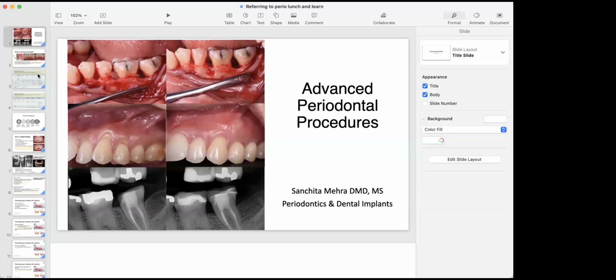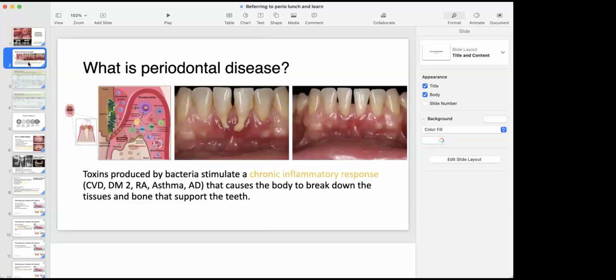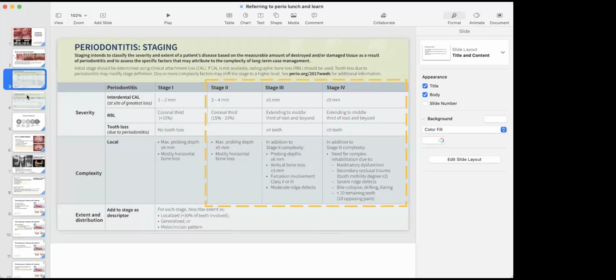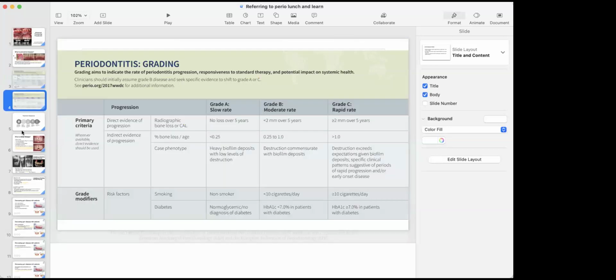Then I'll jump over to a different PowerPoint, which is just some cases I've done, because I know a lot of you haven't worked with me yet, so it's showcasing my abilities a little bit. I'm going to skip over how to diagnose and how to talk to patients about periodontal disease. If you have any questions, you can ask me later.